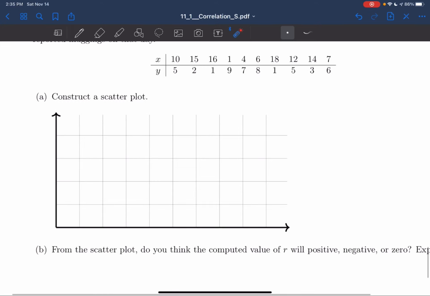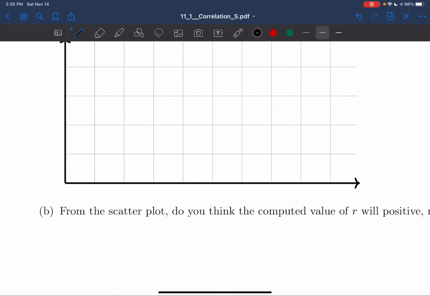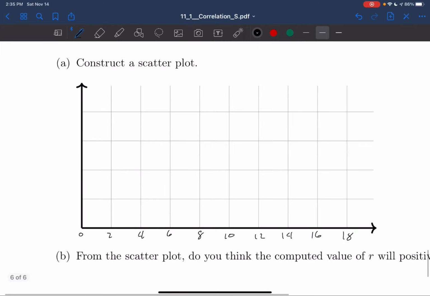So the first step is we want to construct a scatter plot of our data set. Here, let's say this is 0, 2, 4, 6, 8, 10, 12, 14, 16, 18, and then our Y is also 2, 4, 6, 8, and 10.